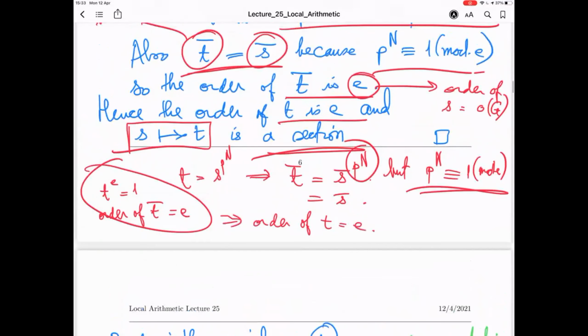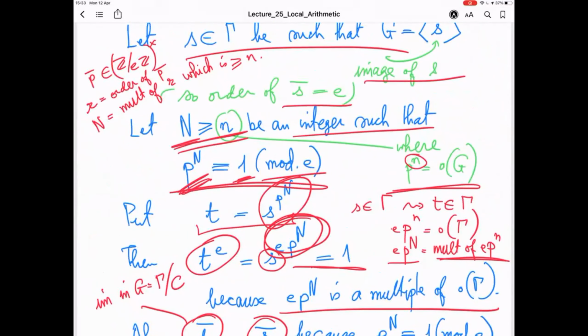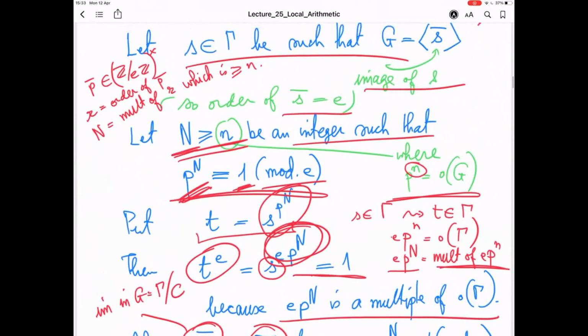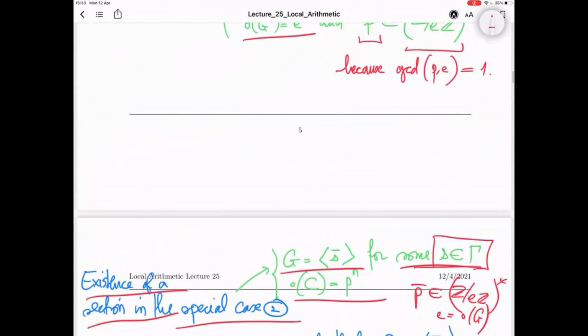It's not difficult. It's really a very cute little exercise in group theory. What it is saying is that gamma is a finite group, and C is a normal subgroup.